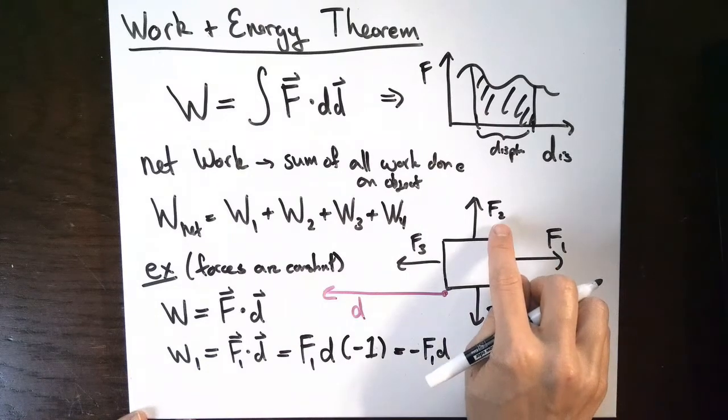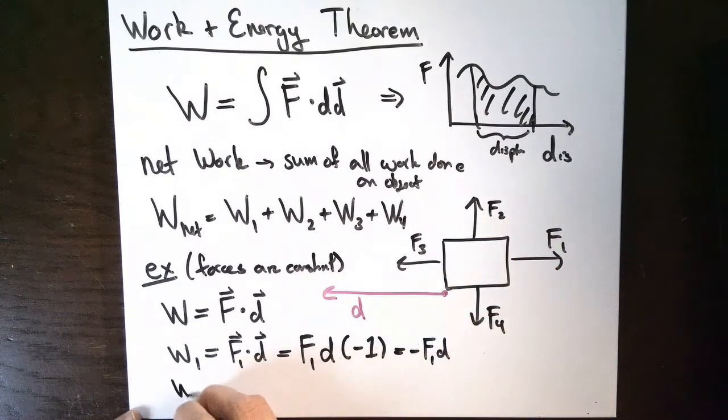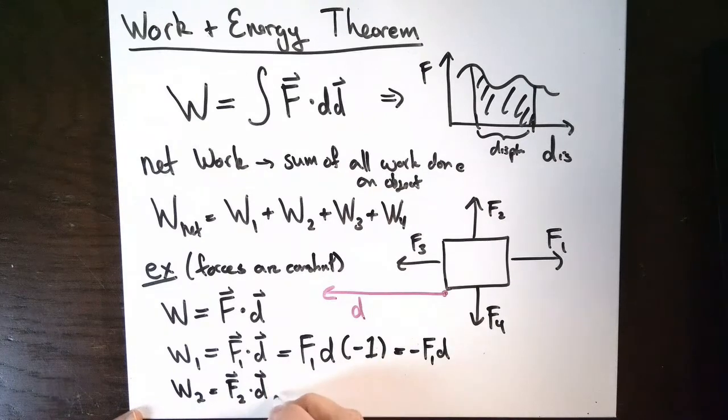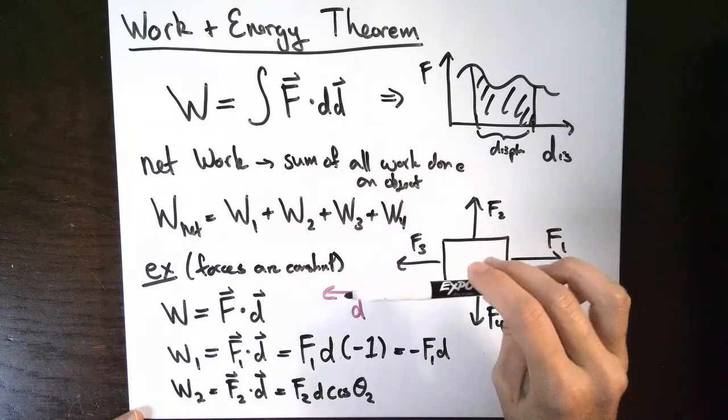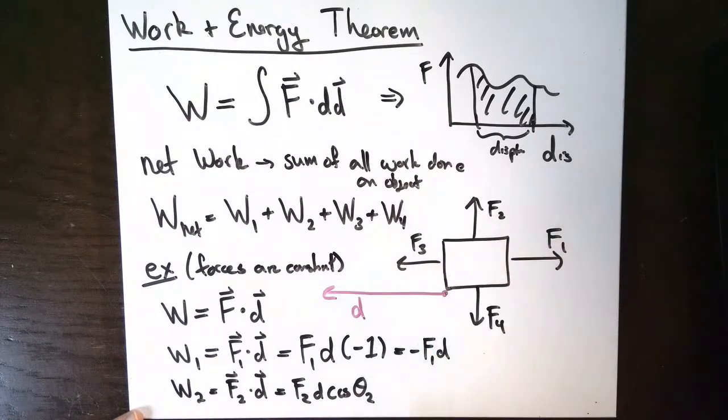Now force 2, you do something similar. We'll do the force 2 vector dotted with the displacement, but here, say, all right, force 2 magnitude, displacement, cosine of the angle between them. We'll call that theta 2. Well, force 2 is this way, and the displacement's that way, so this angle is 90, but cosine of 90 degrees is 0.